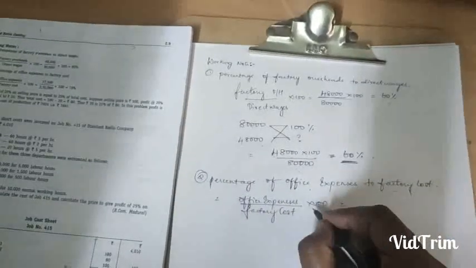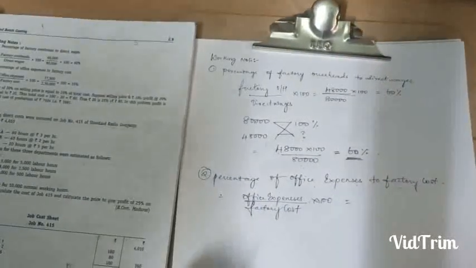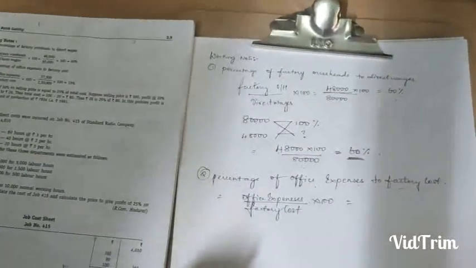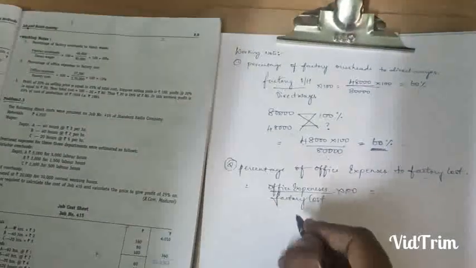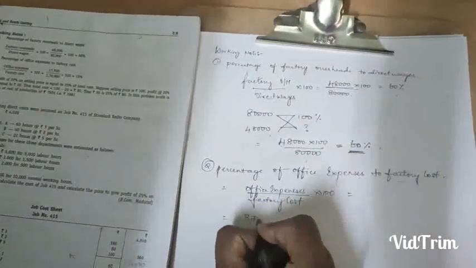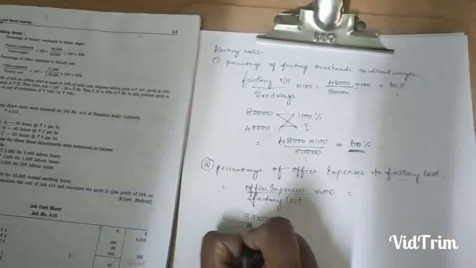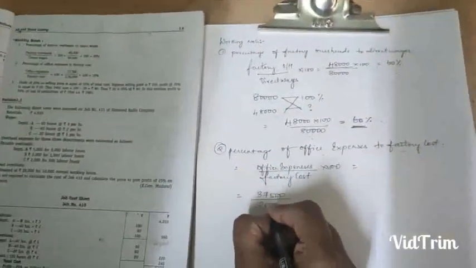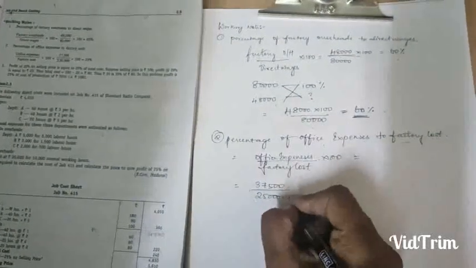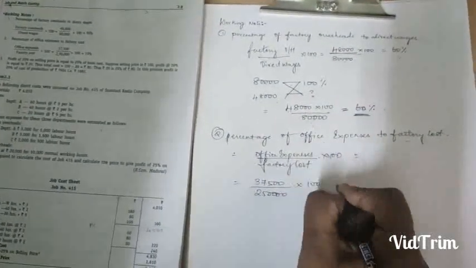What is your office expense according to your problem? Your office expense is 37,500, divided by factory cost, which is 2,50,000, into 100, which will give you 15%.